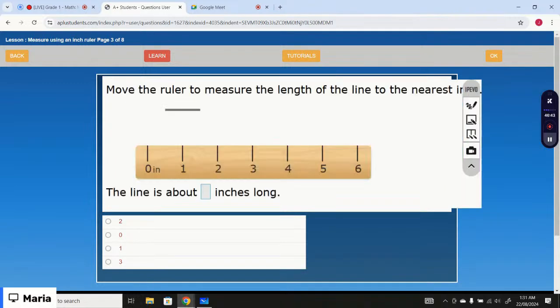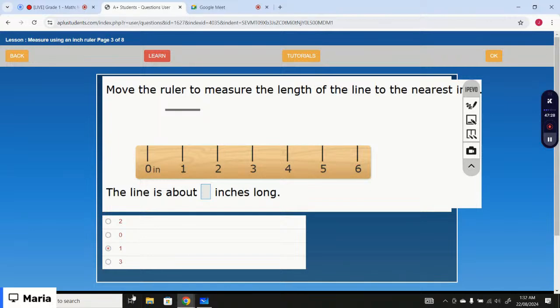Move the ruler to measure the length of the line to the nearest inch. So, which is the correct option? The line is just 1 inch long.